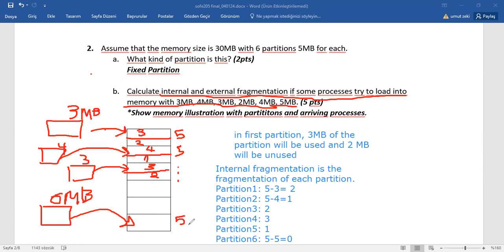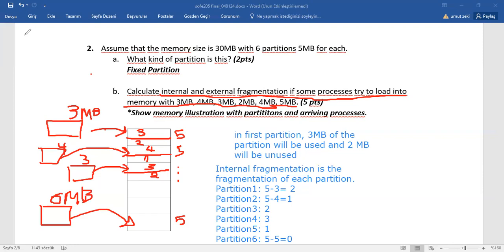Do you have any guess what will happen? We change it to 6. So it will not fit there, okay? Because it is fixed partition, it cannot fit here.